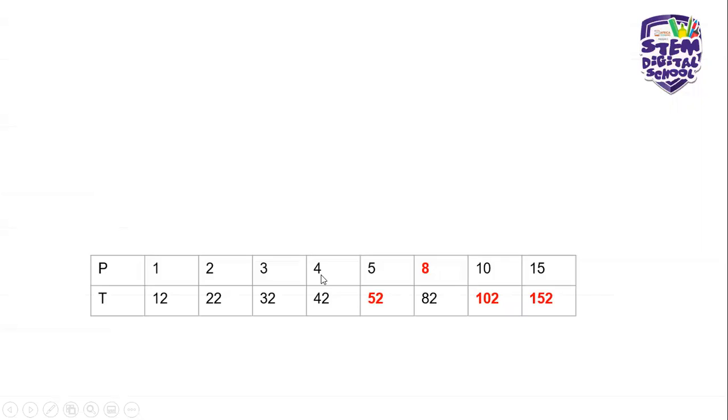For 4, again, you do the same. 10 times 4 is 40. And 40 plus 2 is 42. So 10 times 5 here is 50 plus 2 is 52. 10 times 8 is 80 plus 2 is 82. I hope that you can see the pattern. 10 times 10 is 100, and 100 plus 2 is 102.